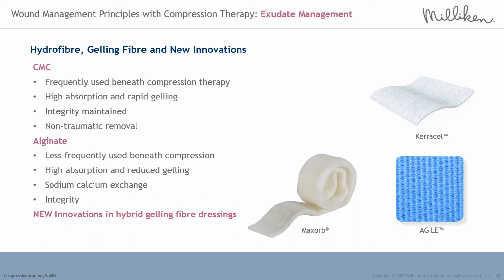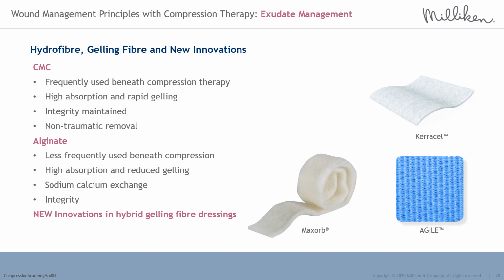Two of the main drawbacks with alginate dressings is, 1, that of the loss of integrity through overgelling in high volumes of exudate, and 2, drying out and becoming difficult to remove when exudate levels diminish.